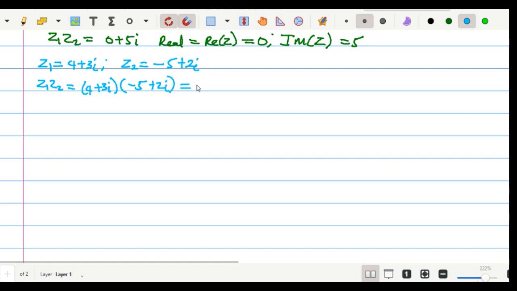Then 4 times minus 5 gives minus 20, then plus 4 times 2i, you have 8i, and minus 3i times 5... minus 5, you have minus 15i, then 3i multiplying 2i, you are going to have minus 6.